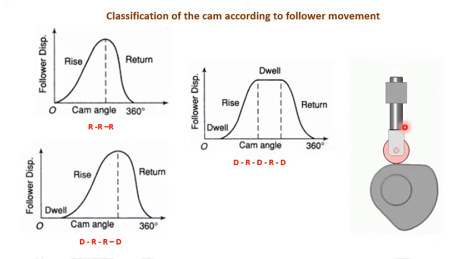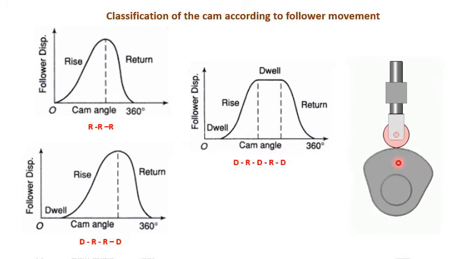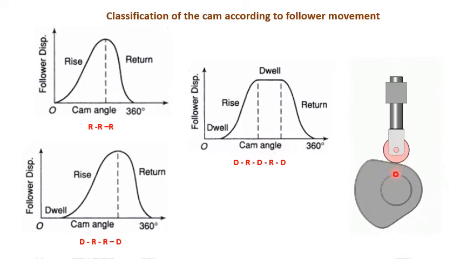If you see the motion, you will understand what is dwell, what is rise, what is return. There is a dwell, a rise, dwell, return, dwell, rise, dwell, return. Like that, for the different portions of the cam, the different motions of the follower take place.